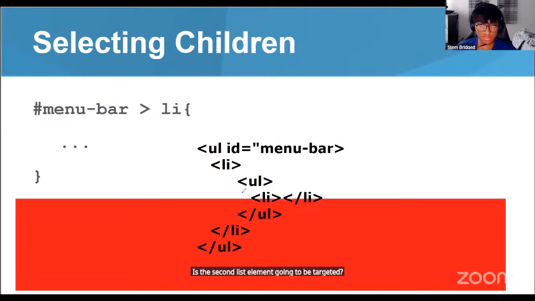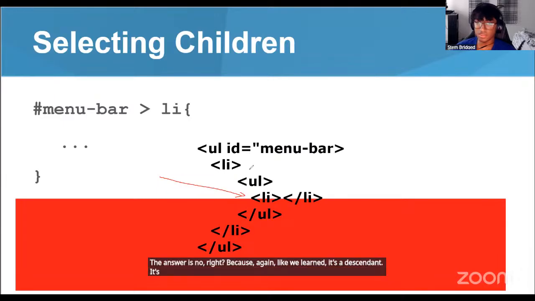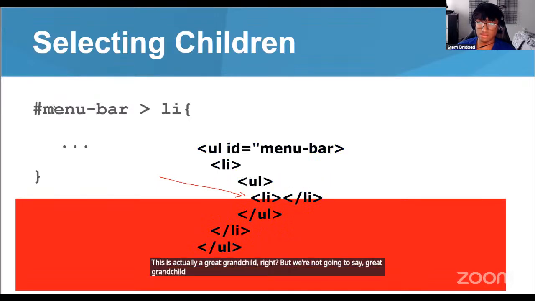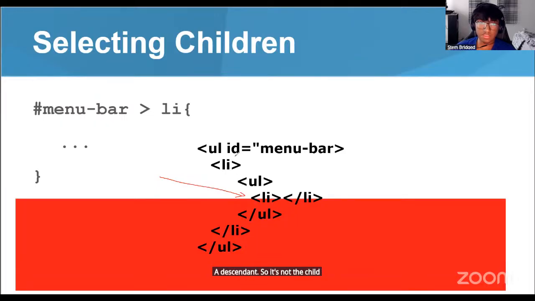In other words, is this list element going to be targeted? The answer is no, right? Because again, like we learned, it's a descendant. It's not even a grandchild. This is actually a great grandchild, right? But we're not going to say great grandchild. We're going to say it's a descendant. So it's not the child.